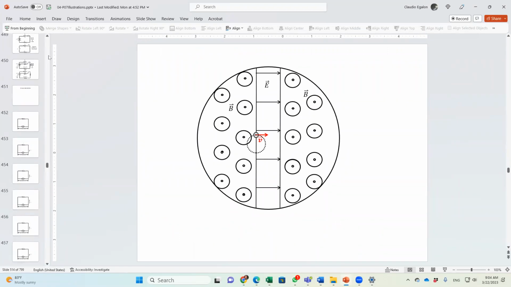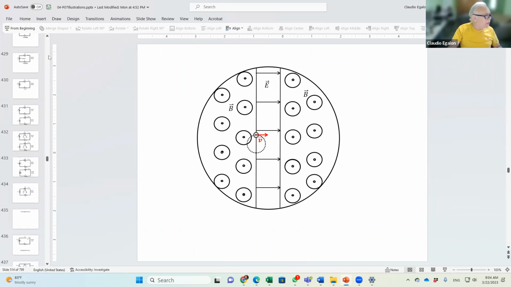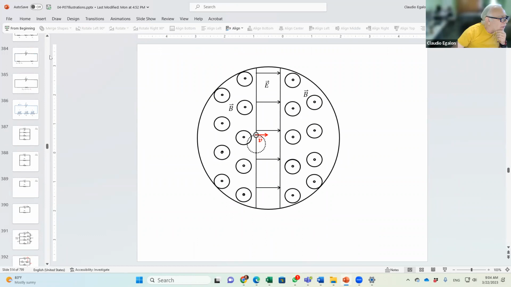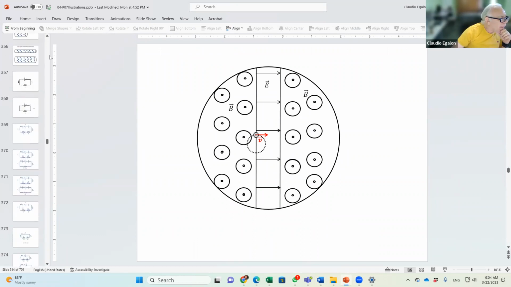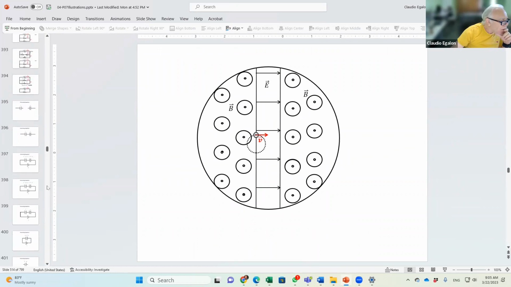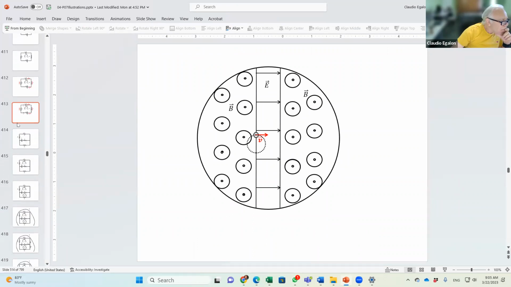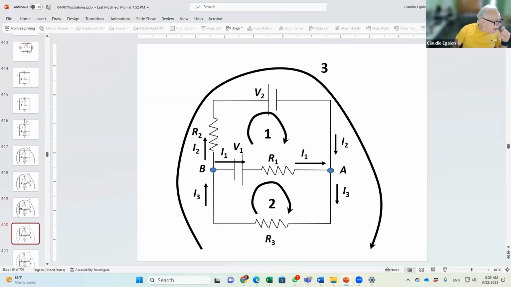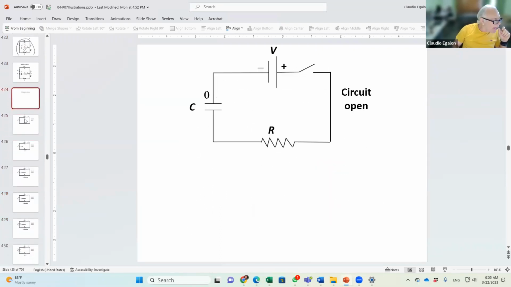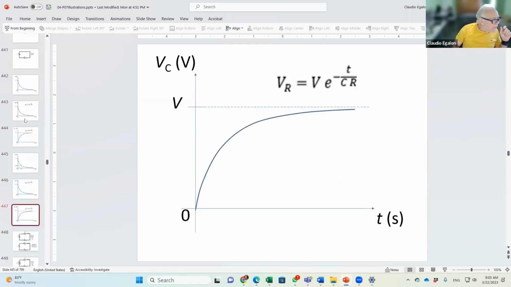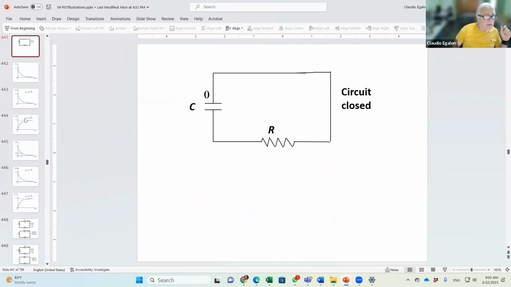Well, what you must have seen is the RC circuit. Let me get the RC circuit here. That's the one. No, that's not the one. Okay, RC circuit.